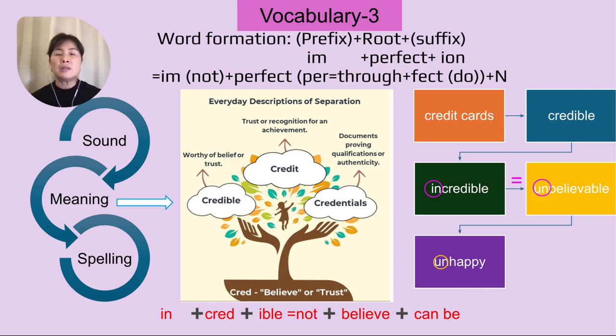So cred means believe. So that's how you can remember credible, something that can be believed, right? Incredible, in means not. So something unbelievable, we say incredible. And you can go on and go on to put those common suffixes or affixes together to remember more words.